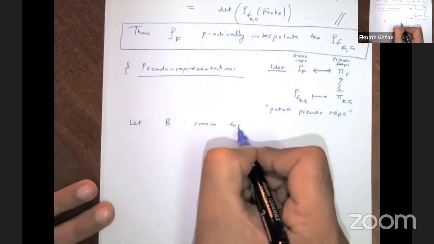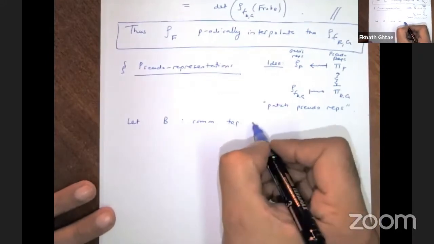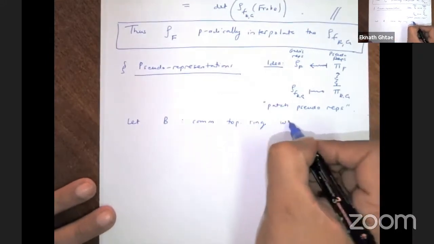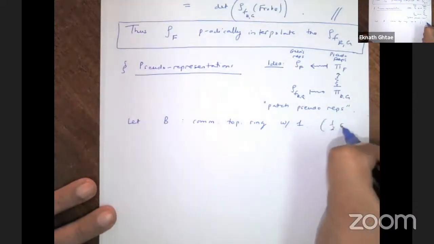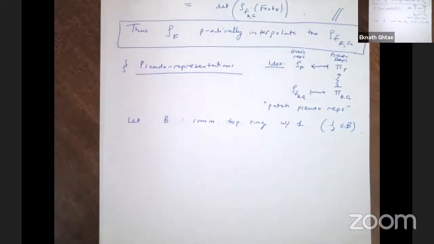So start with a commutative topological ring B. Let's assume with unity, and let's assume that half belongs to B, so 2 is invertible in B. For example, if it's a p-adic ring of some kind, then that's always true if p is odd.